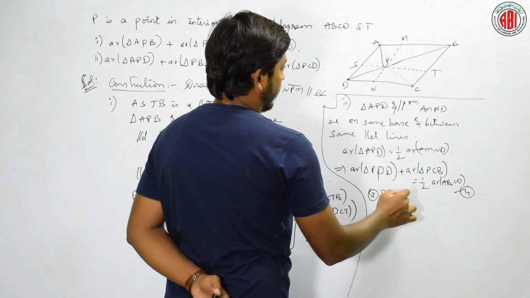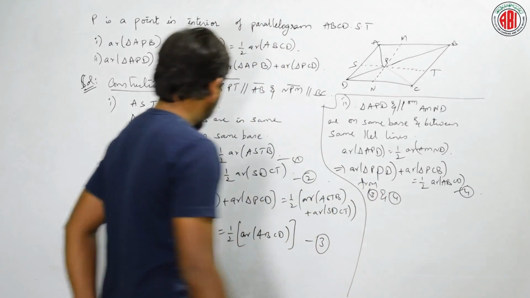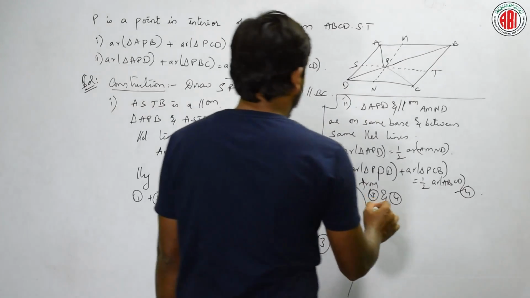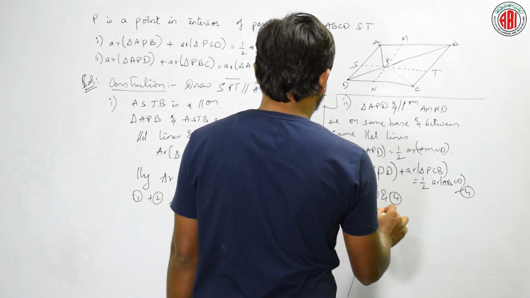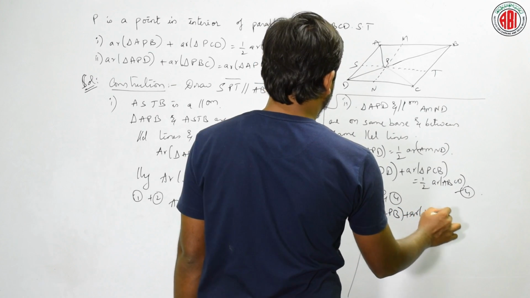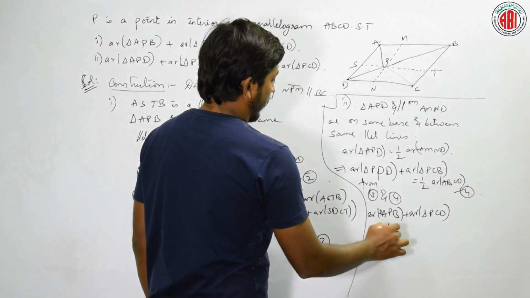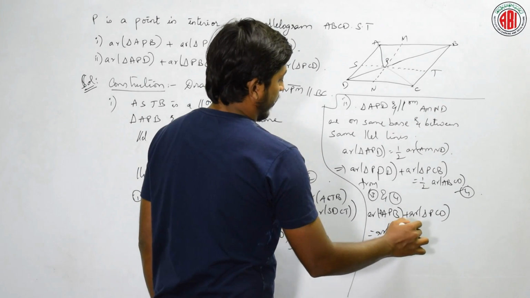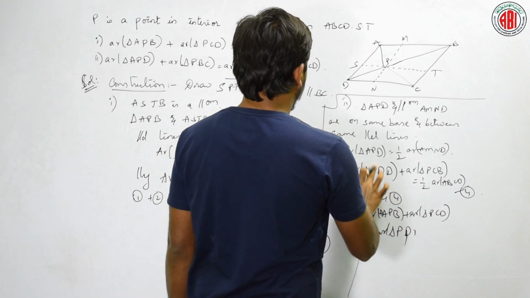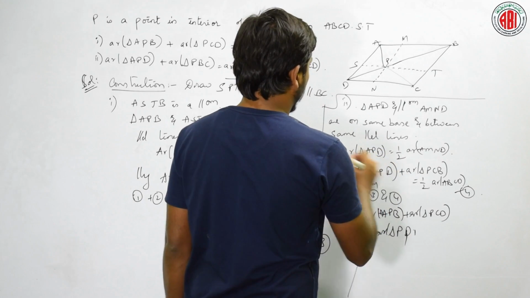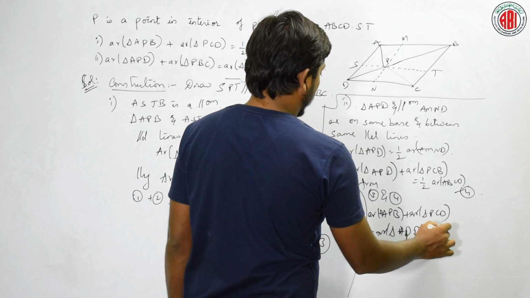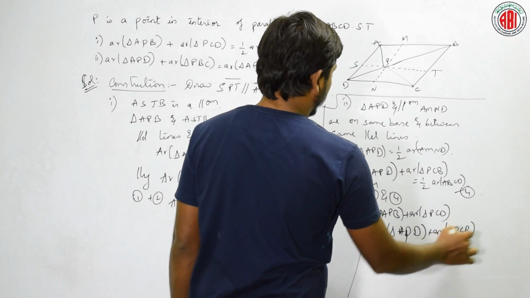Now, just check, let us have this as 3 and this as 4. From 3 and 4, if you observe, this is equal to these two. That is, the area of triangle APB plus the area of triangle PCD is equal to the area of triangle APD plus the area of triangle PCB.